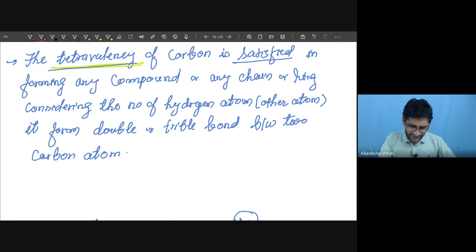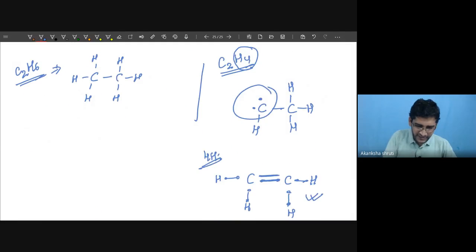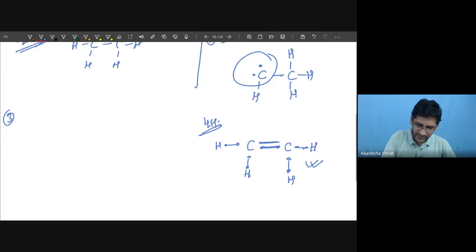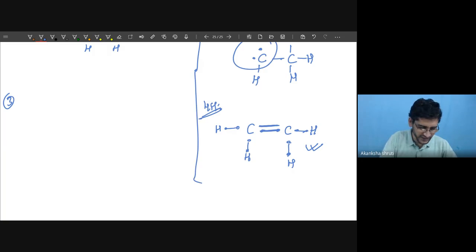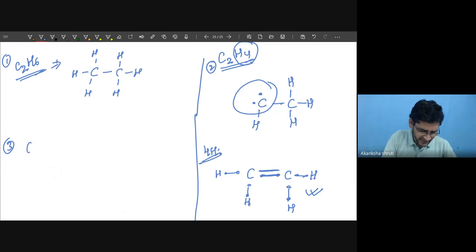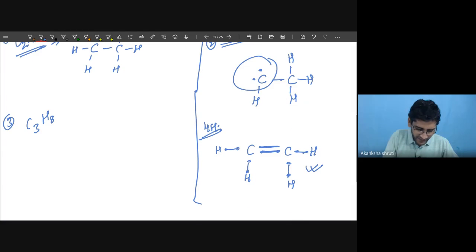Students, by the way, if any student is thinking like this, let me consider this as structure 1, this as 2, and the third structure, say C3H8. My purpose is to show you this.